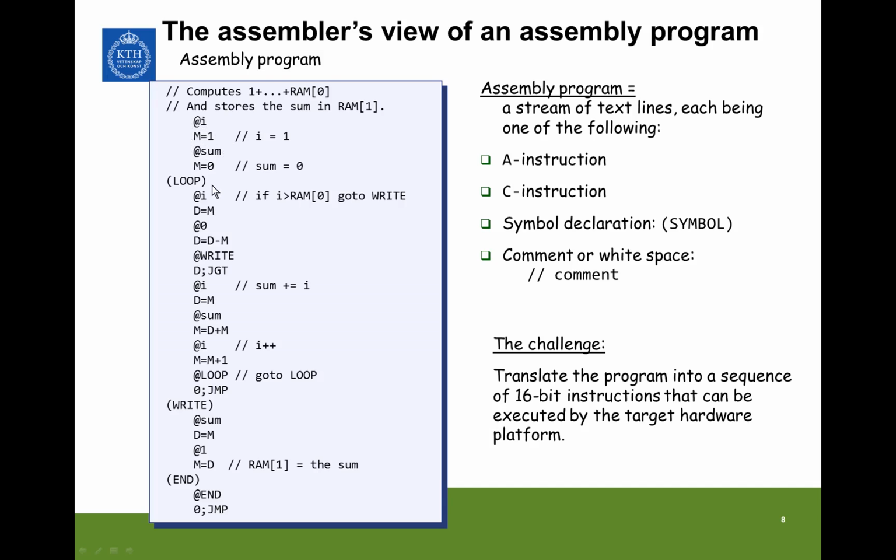It can be a symbol or label declaration, like this declaration of loop. It can be a comment, like this program computes blah blah blah, or it can be white space, which we do not have in this example. We would like to translate this code into a sequence of 16-bit instructions.